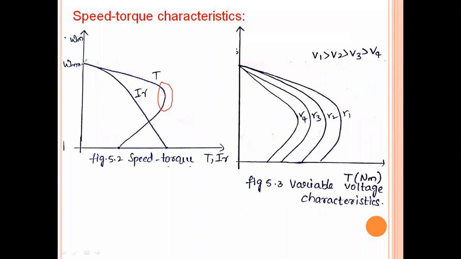Up to this point, the torque is increasing with respect to the speed. If the speed is reducing, then the torque is increasing this way until it reaches the breakdown point, or we can say the maximum torque value. At this dot, the torque will be at its maximum value.